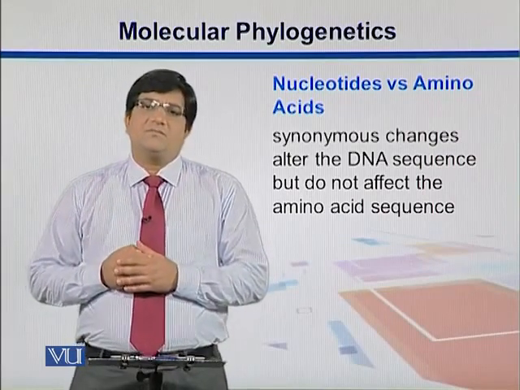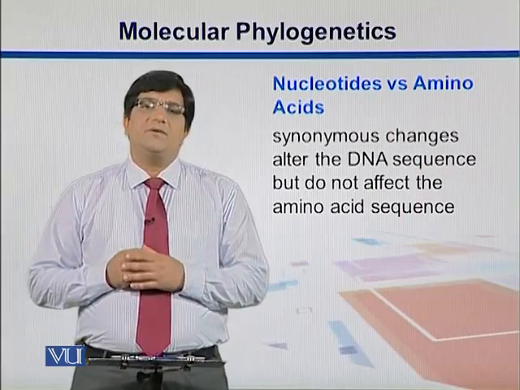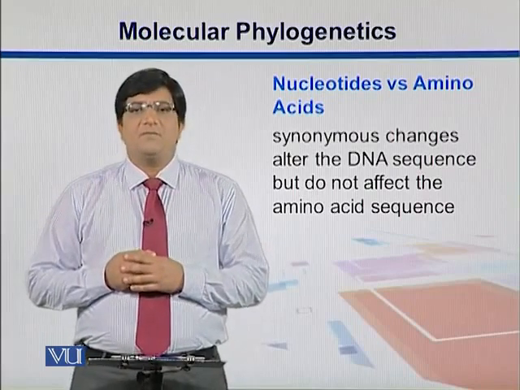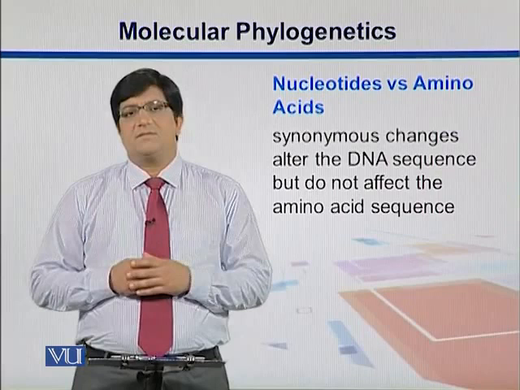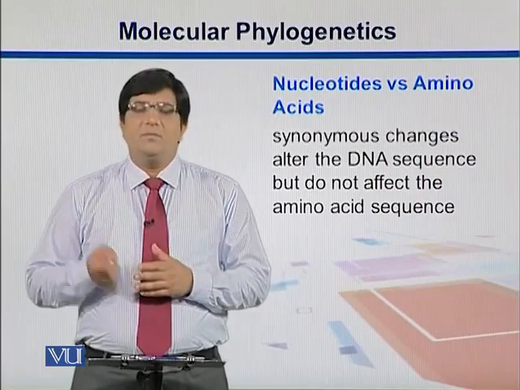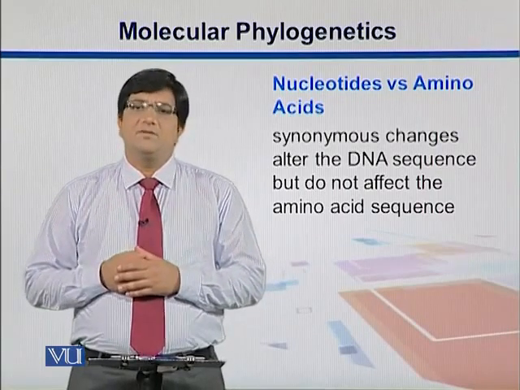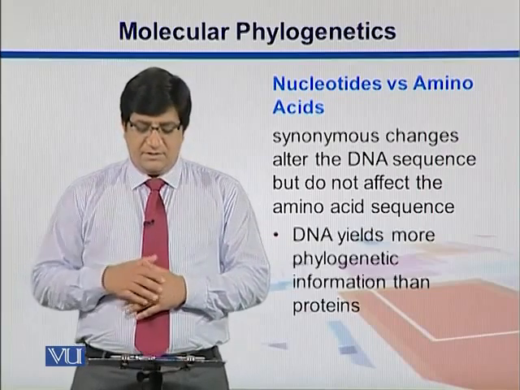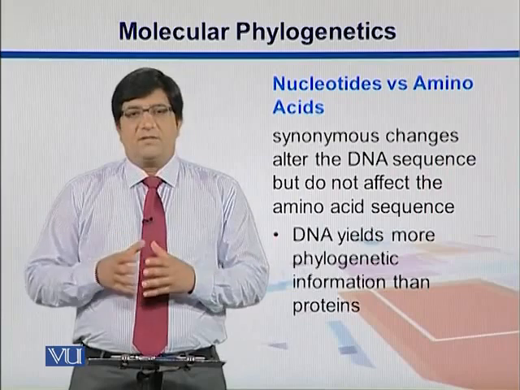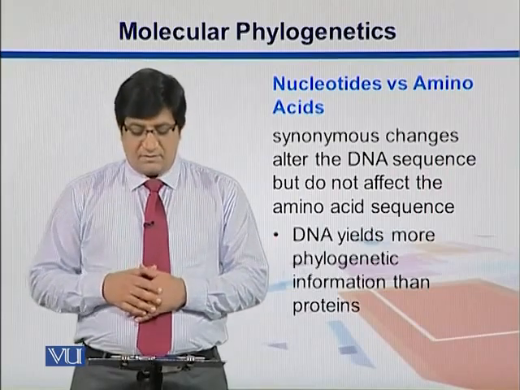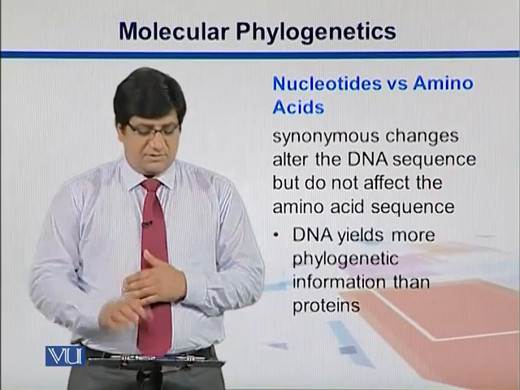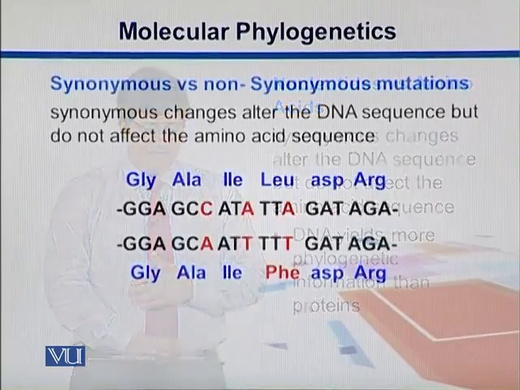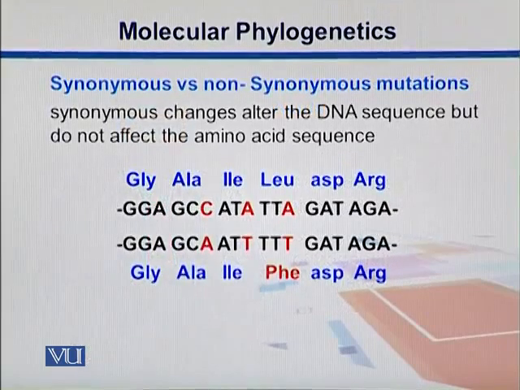So if we are comparing two amino acids with one another, we might not find the differences, but if you go back and compare their nucleotides, you might find the differences. So in this way, if you make the DNA based trees, you can get more phylogenetic information than if you get the tree from proteins or amino acids.